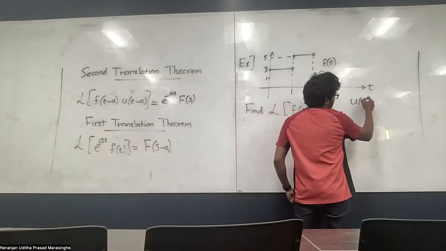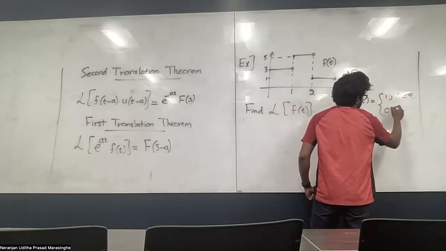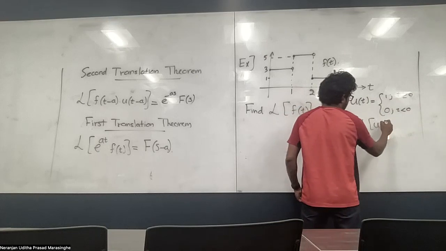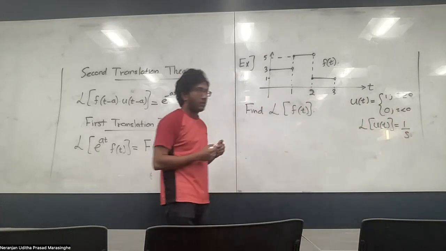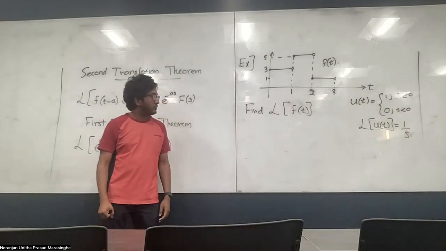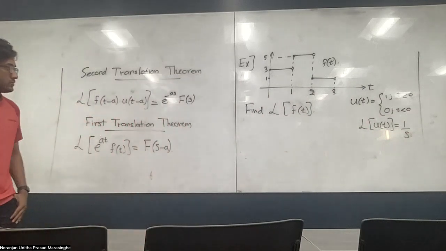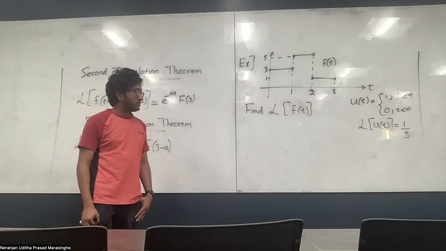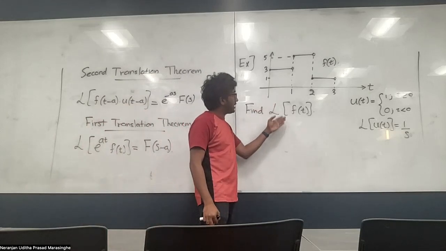What is our definition of u(t)? u(t) is 1 if t is positive, and u(t) is 0 if t is negative. The Laplace transform of u(t) is equal to 1 divided by s. Use these tools and try to evaluate the Laplace transform of this function.